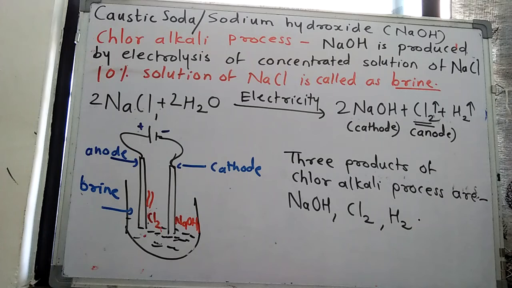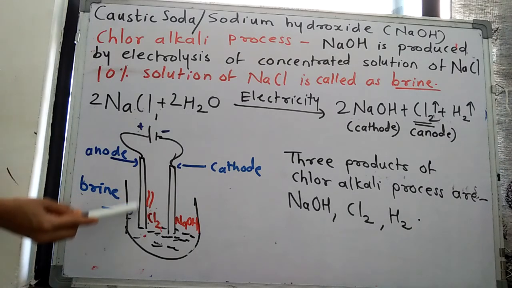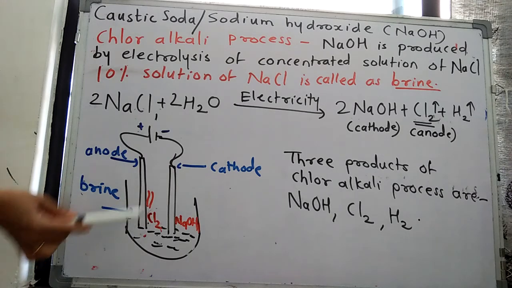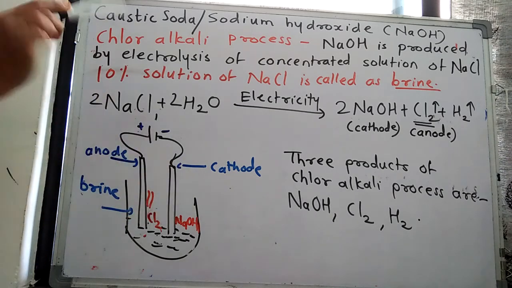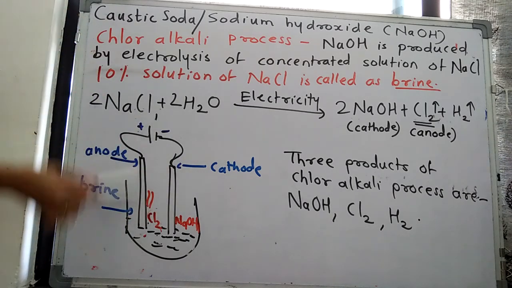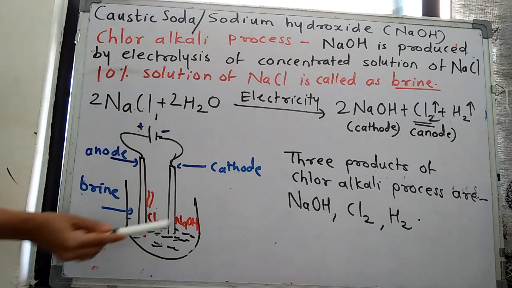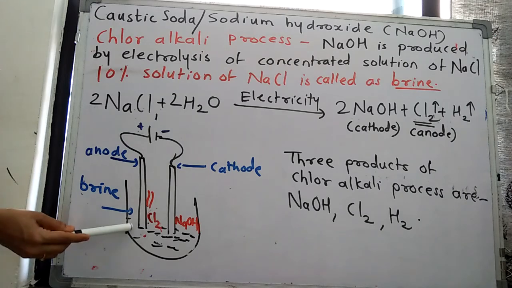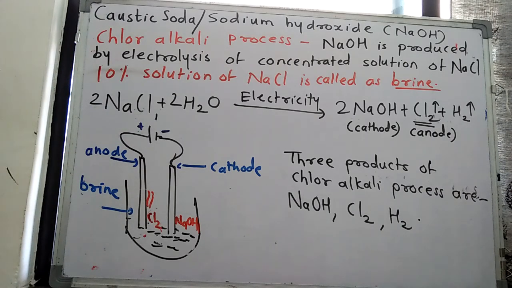Sodium hydroxide gets deposited at the cathode here, and chlorine gas is liberated at the anode here, and the third product, hydrogen gas, is also formed.